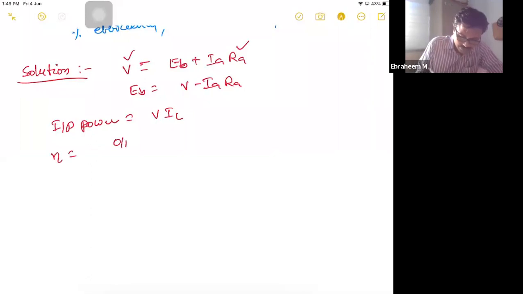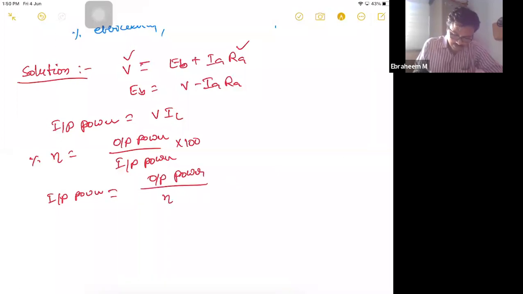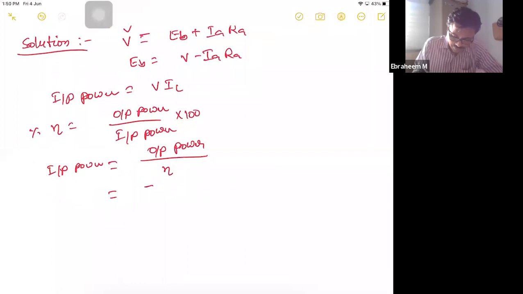Efficiency is equal to output power divided by input power into 100, percentage efficiency. So from this, input power is equal to output power by efficiency, which is output power 7.46 into 10 cube divided by efficiency 0.85.